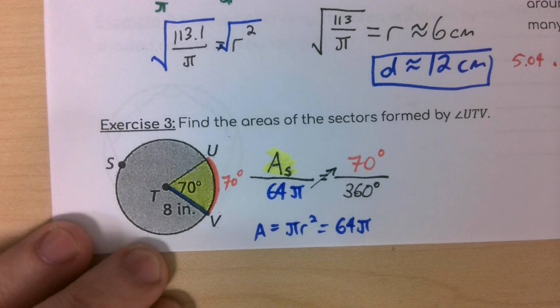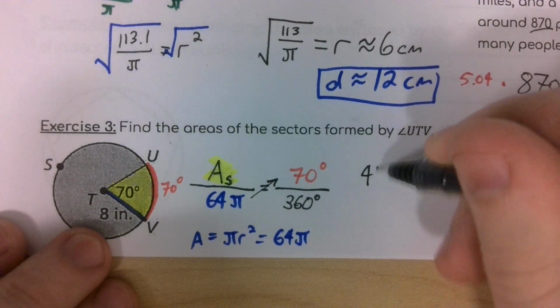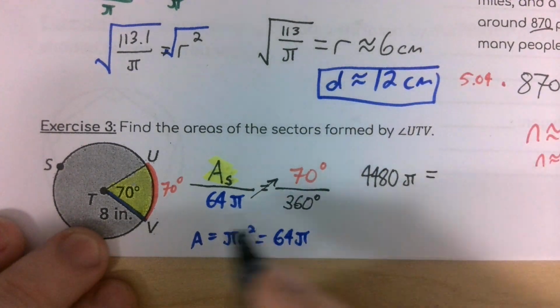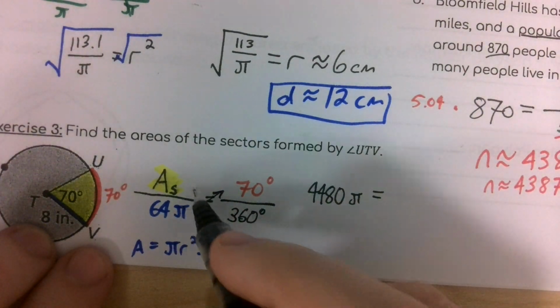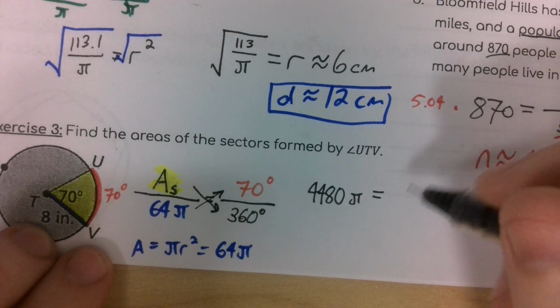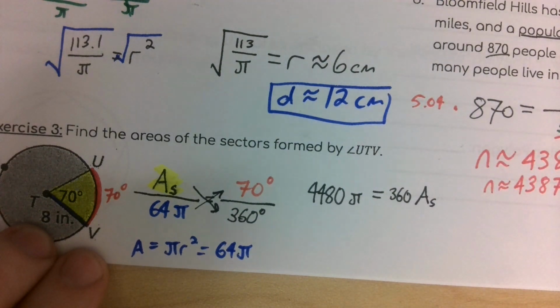64 pi times 70 is the same as just doing 64 times 70 and putting a pi symbol after it. This would be 4,480 pi. And then we end up with our sector's area, the thing we're trying to find, times 360, so 360 A_S.